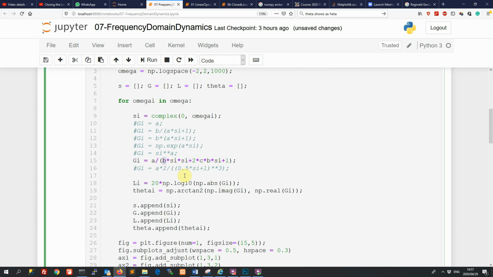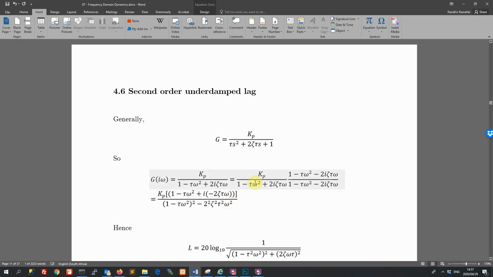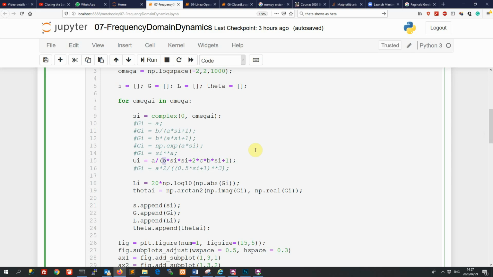Remember, for the second order underdamped lag, we chose to write it in this form. So A is Kp, B is tau, and C is zeta. Here you can see C is in the right position. It's zeta times tau, and so if we change C, that's going to change how damped our response is.